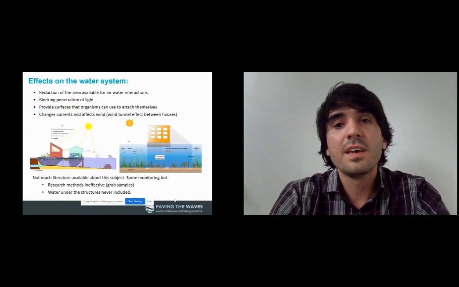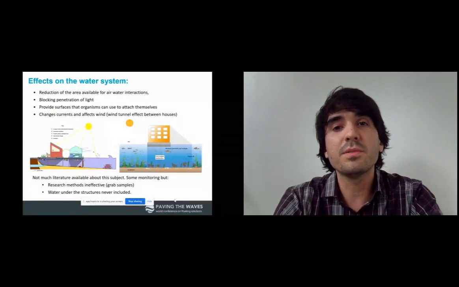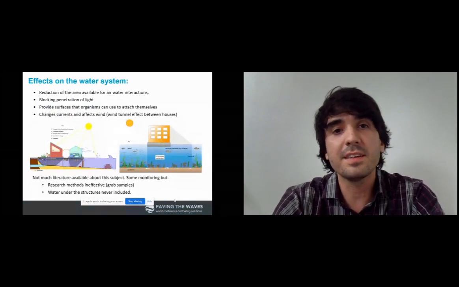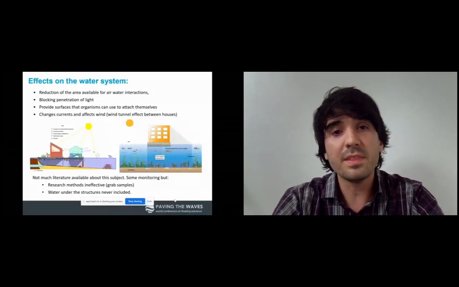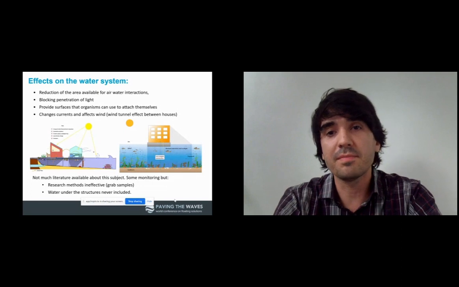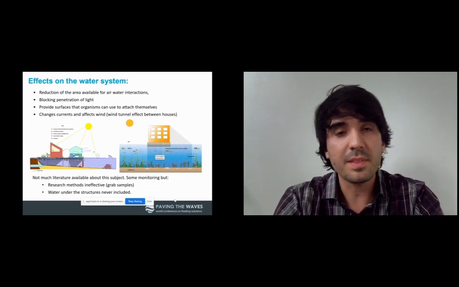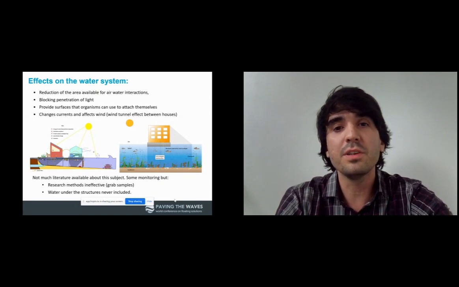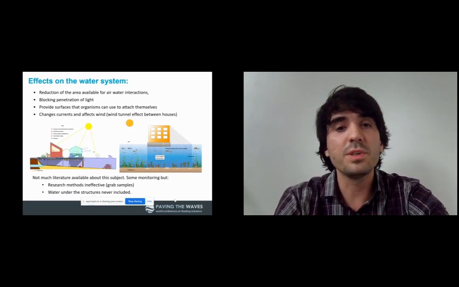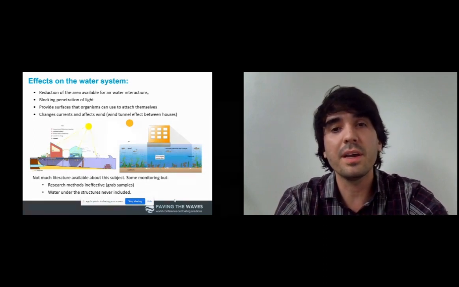By introducing buildings and structures in the water bodies, you're blocking the sunlight radiation, for example. You're changing the patterns of winds. You're introducing objects that allow biofouling and other organisms to attach. So you're introducing changes, and it's important, in our opinion, to research what can happen, either by monitoring or by modeling.